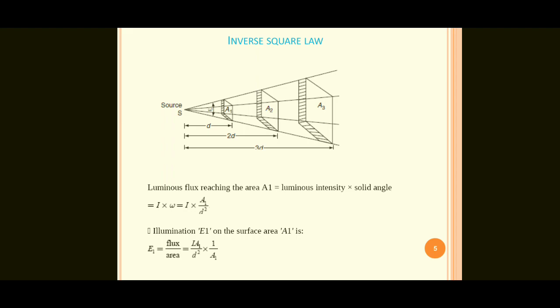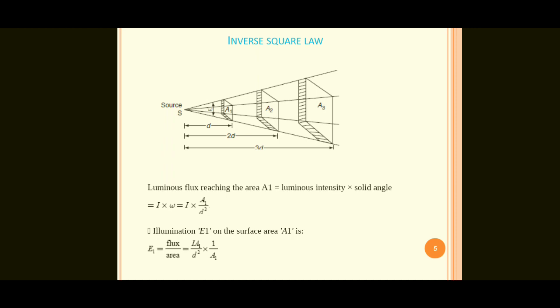So here, three areas A1, A2 and A3 are separated by distances of D, 2D and 3D.